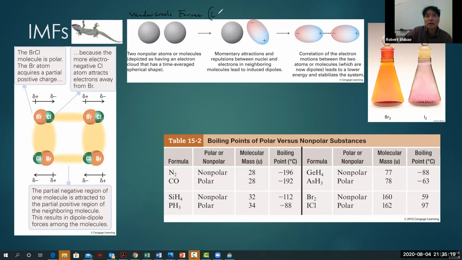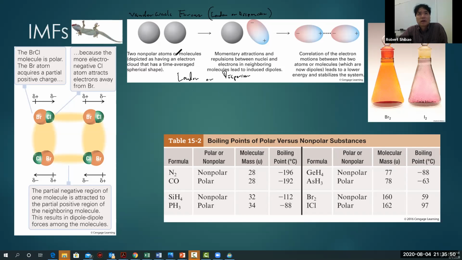These are also called London or dispersion forces. Van der Waals forces can also incorporate these dipole forces, but they don't incorporate something called hydrogen bonding. We'll just call these London or dispersion.